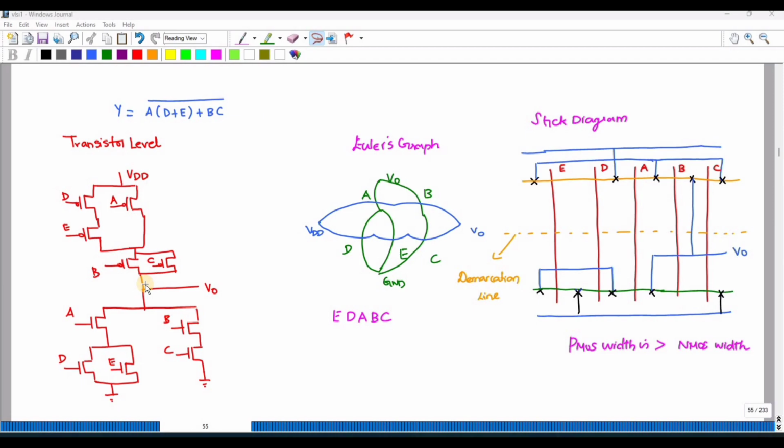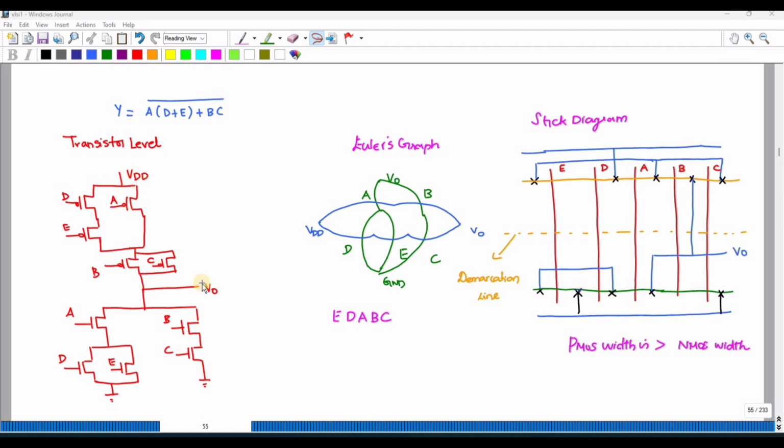So always the PMOS is connected to the supply and the NMOS should be connected to ground for this static CMOS logic. Why is it called static CMOS logic? Suppose A and C are in the on state, then the output is directly connected to the power supply, so there is a low resistance path between the supply and the output.